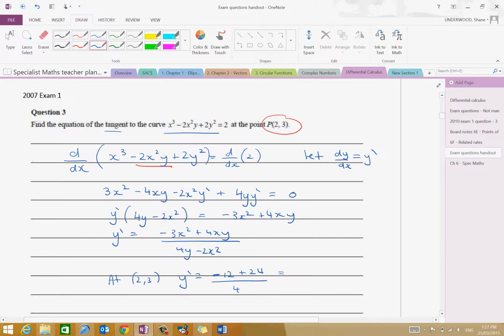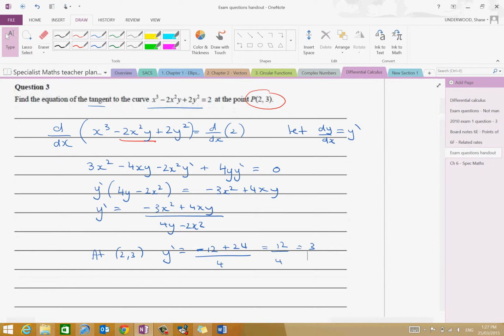Yes. Okay, so therefore I've got 12 on 4, which is equal to 3. Now what have I found? The equation of the tangent is y equals 3x plus c. We've found the gradient of that tangent.